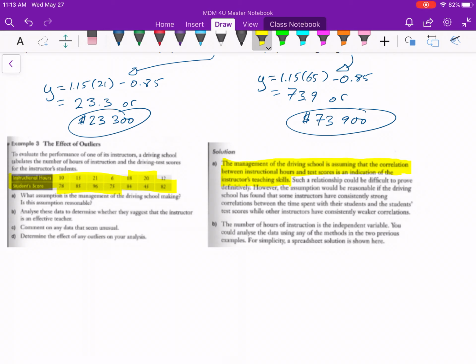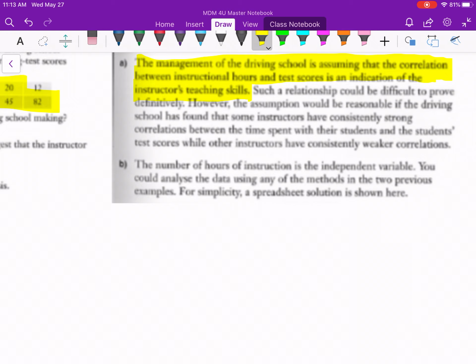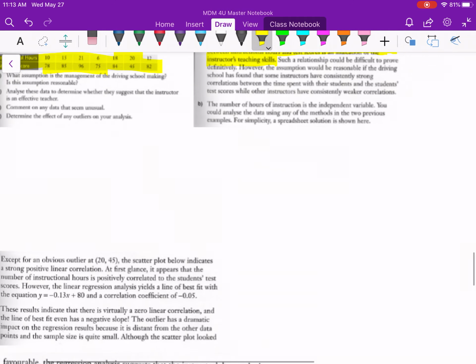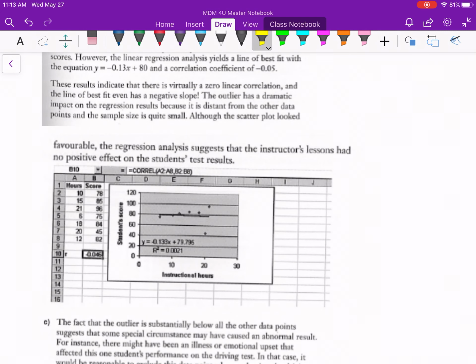Part B, analyze these data and determine whether they suggest that the instructor is an effective teacher. The number of hours of instruction is the independent variable. You could use a scatter plot with a line of best fit, or the least squares method. In this case, here's a spreadsheet that was used to do this.